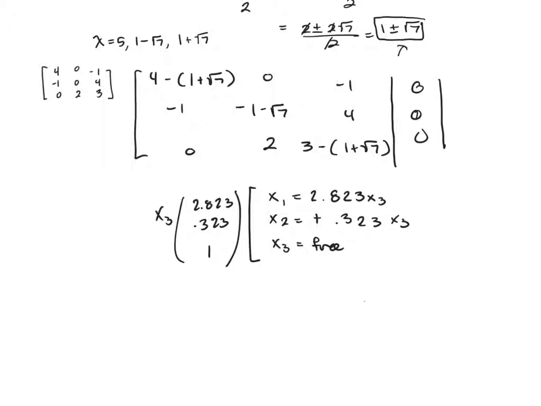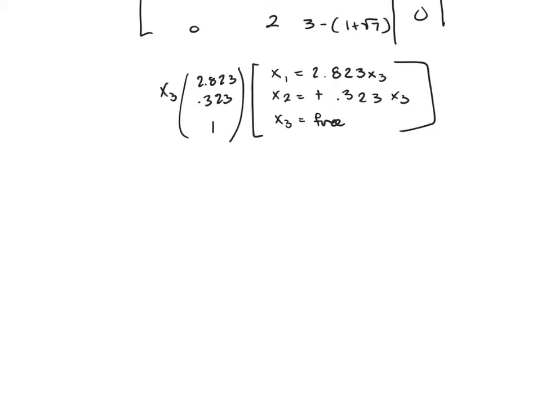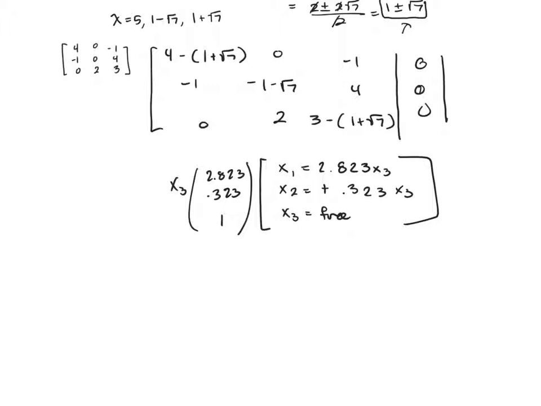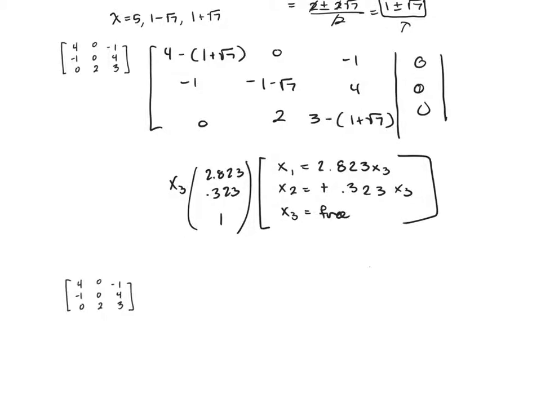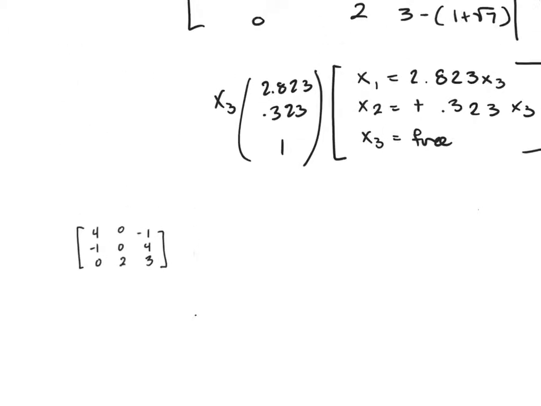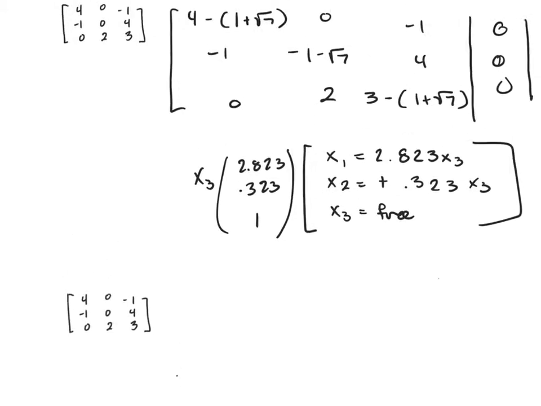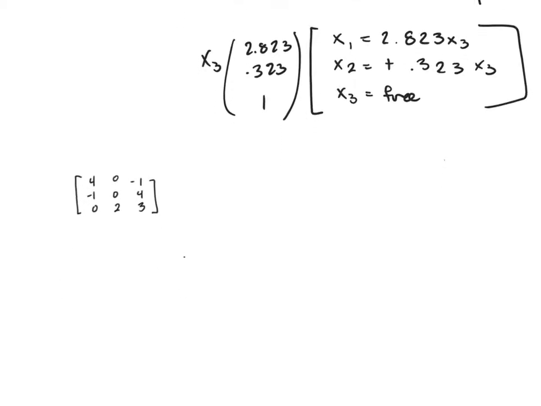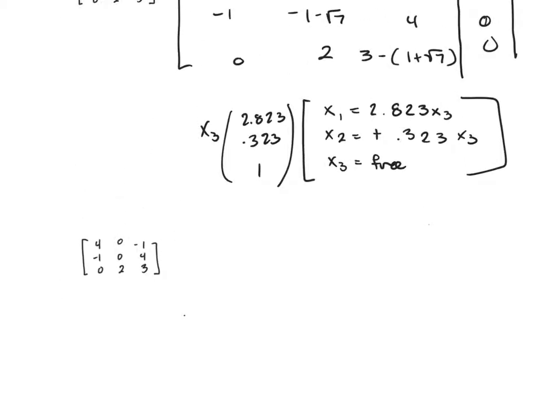Okay, so to check my work, I went off screen for a second, and I did A. So let me get my little lasso-y thingy again. I did A right there. And then I took A and I took my eigenvector there, 2.823, 0.323, 1.